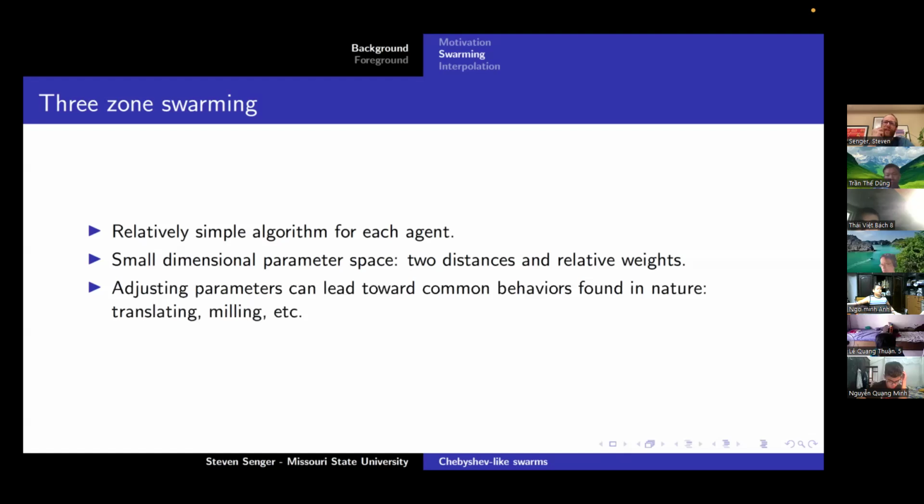Adjusting these parameters can lead toward the things that we expect swarms to do. Like I said, translating, and that's just taking a formation and moving in a direction, but also milling. So how many of you have been to an aquarium and seen fish just go around in a circle?